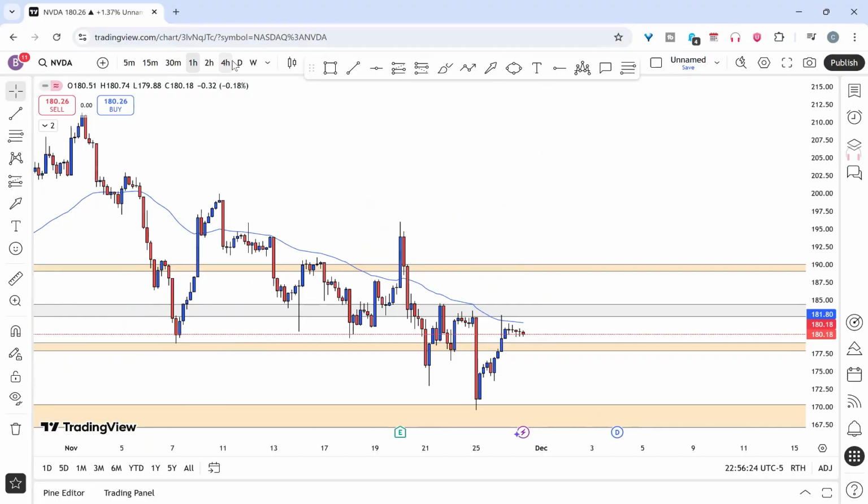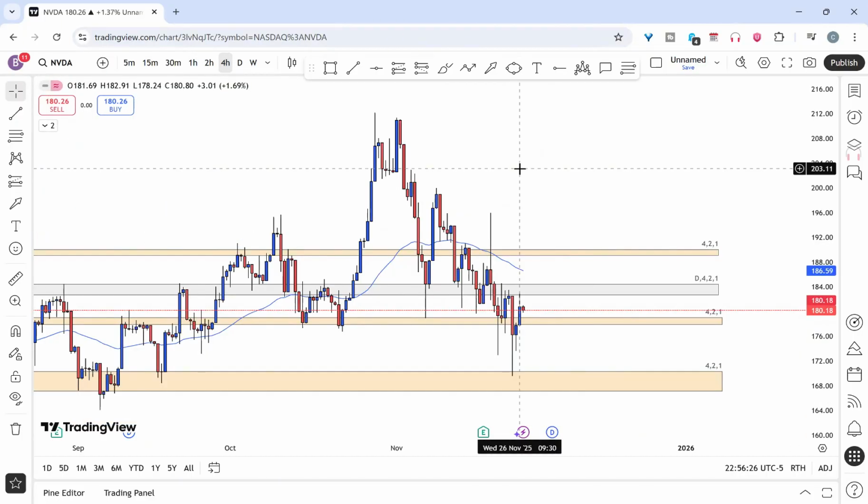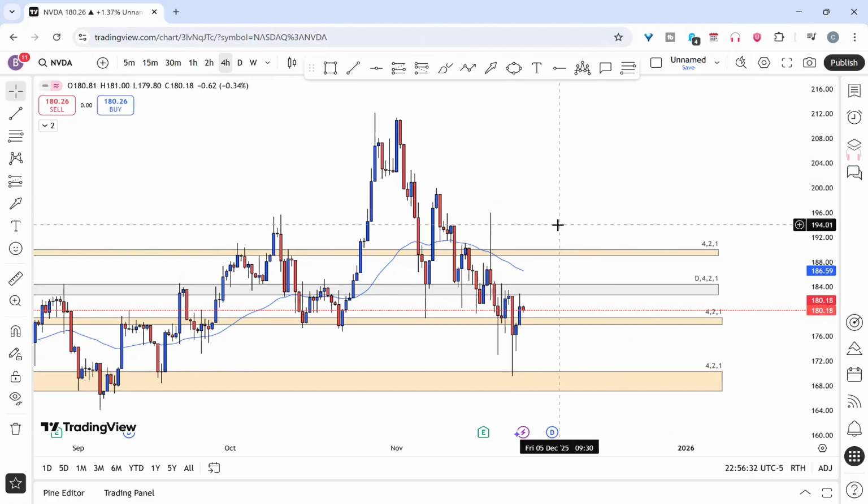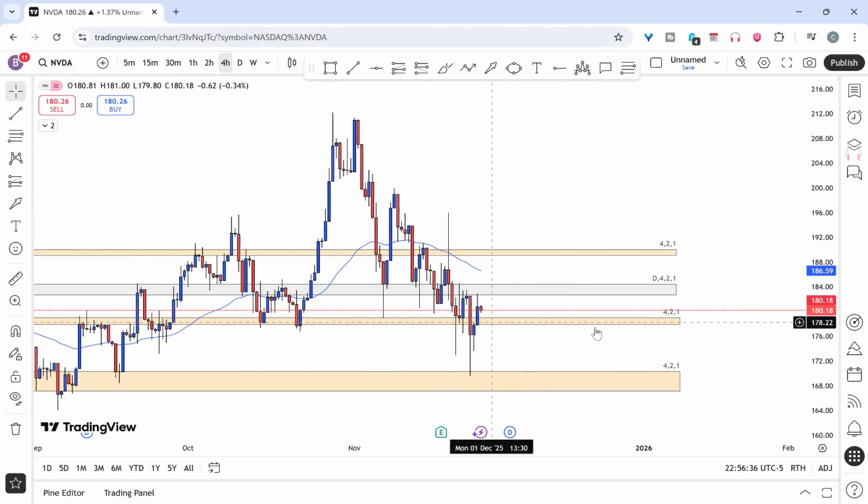All right. So where does Nvidia go? Do we buy or do we sell? For right now, it is obviously a sell. However, over here, on the 4-hour, 2-hour, and 1-hour time frame, it's a strong support level, because it came back down, it failed, and then it came back up.